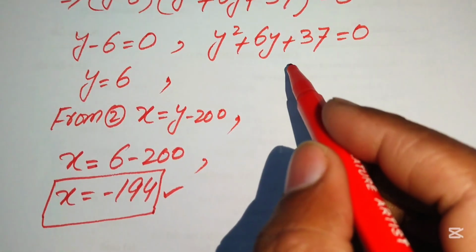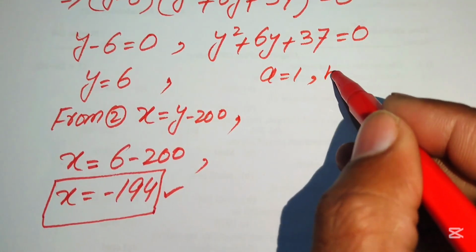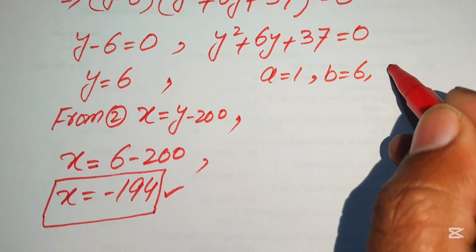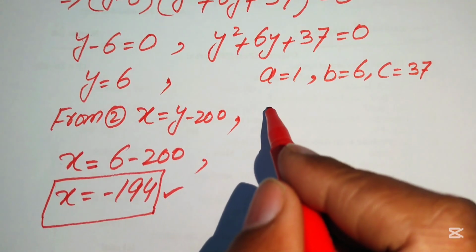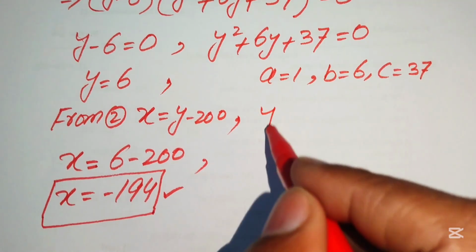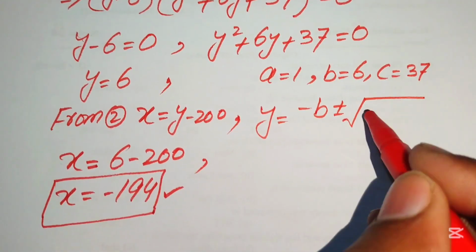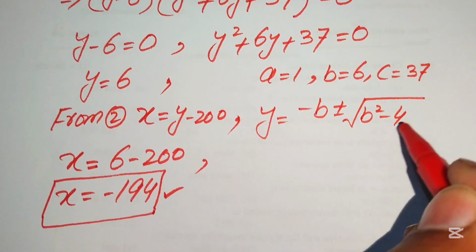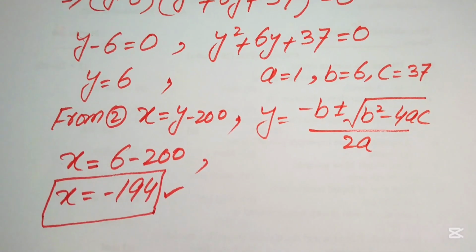So first we write the coefficients of this equation, and its coefficients are a equals to 1, b equals to 6, and c equals to 37. So we write that the quadratic formula is stated as y equals minus b plus minus square root of b square minus 4ac, divided by 2a.